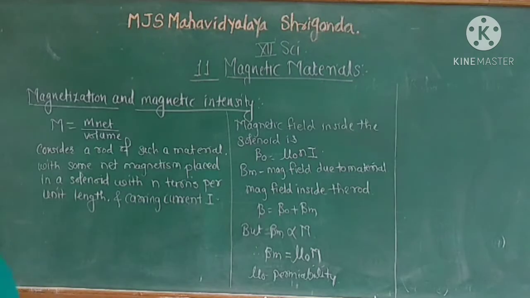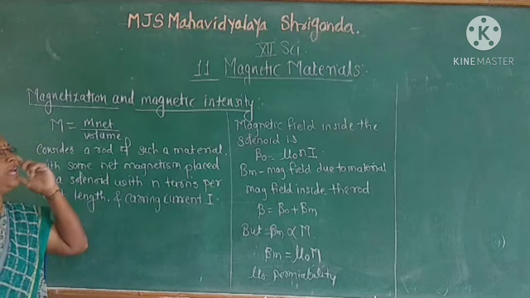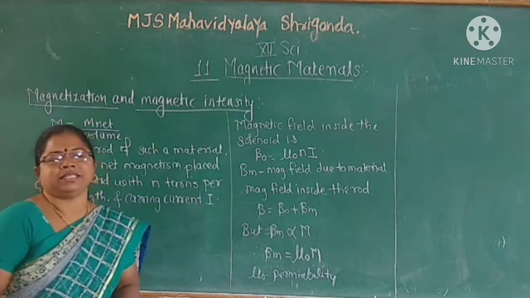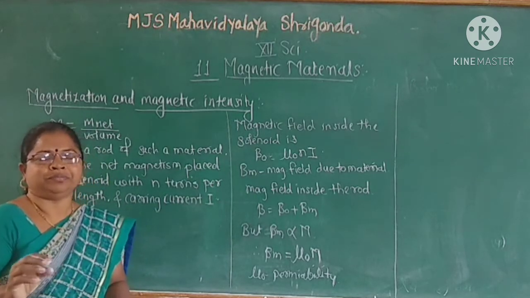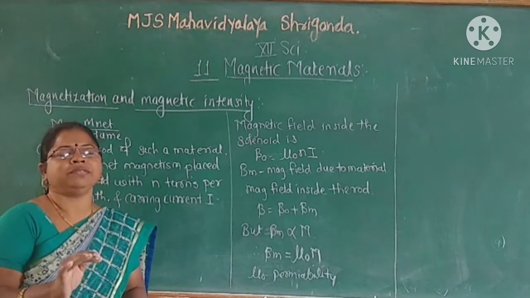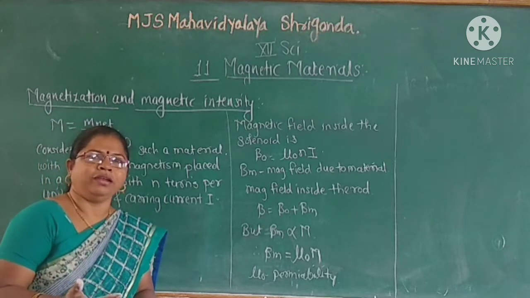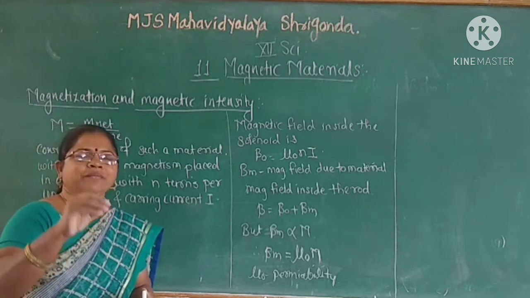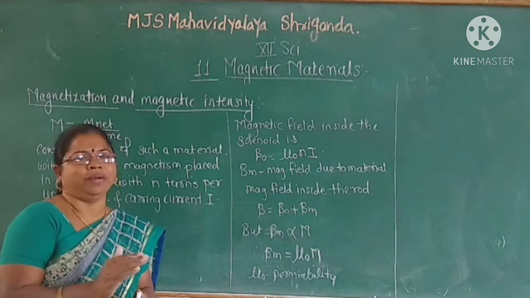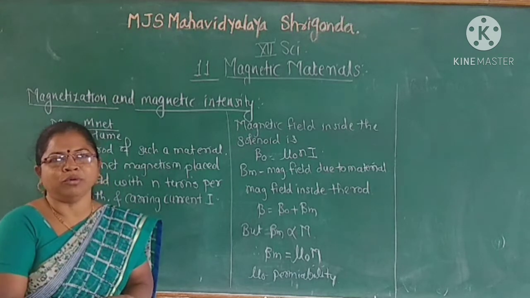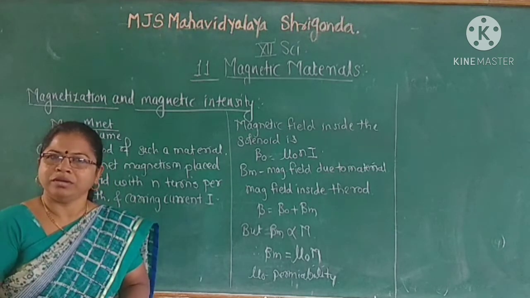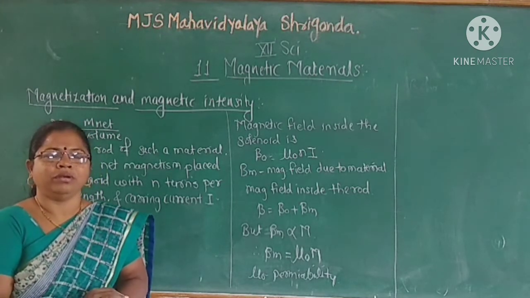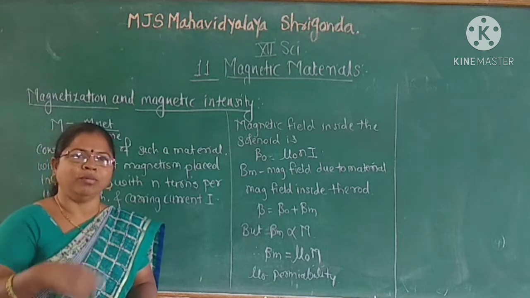Now the next point is magnetization and magnetic intensity. What is magnetization? When there are atoms or molecules whose last orbit is not fulfilled, the total magnetic moment is not equal to 0, so there is a net magnetic moment.